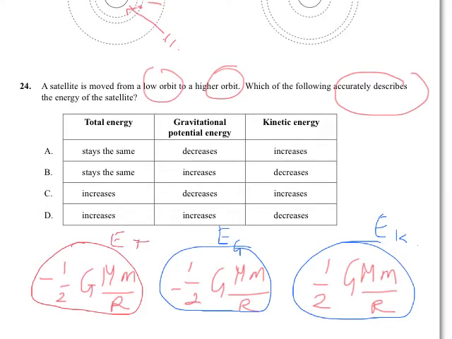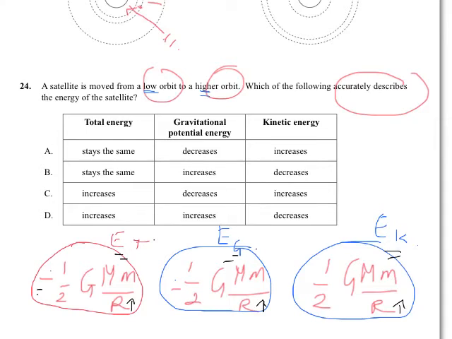Now, these minus signs make the whole thing really interesting because if you go from a low orbit to a high orbit, you're changing R, you're making R greater. So on the surface it looks like all of these will become lower, but total energy and gravitational energy are minus.